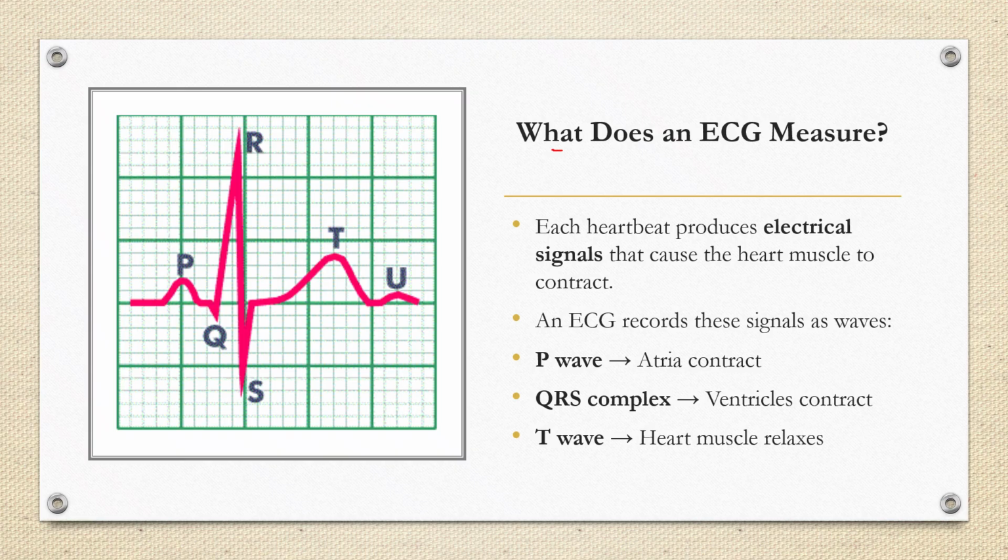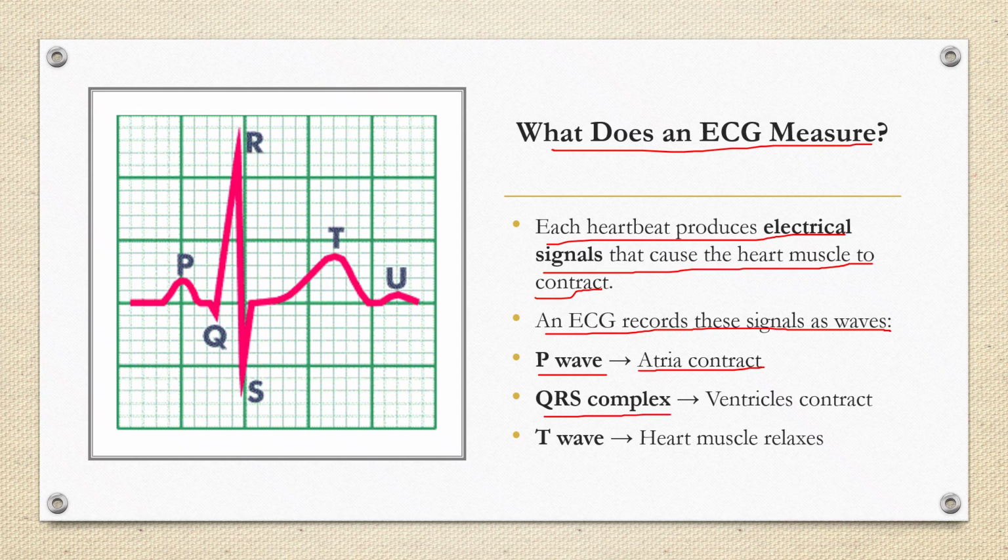What does an ECG measure? Each heartbeat produces electrical signals that cause the heart muscles to contract. An ECG records these signals as a wave. P wave shows atria contract, QRS complex shows ventricles contract, and T wave shows heart muscles relax.